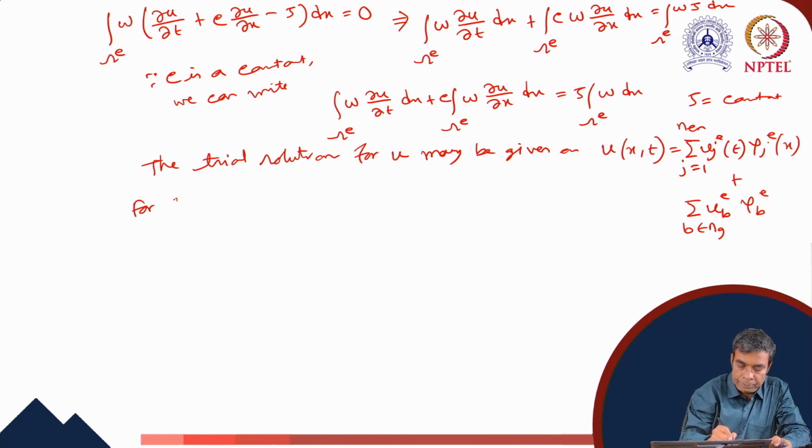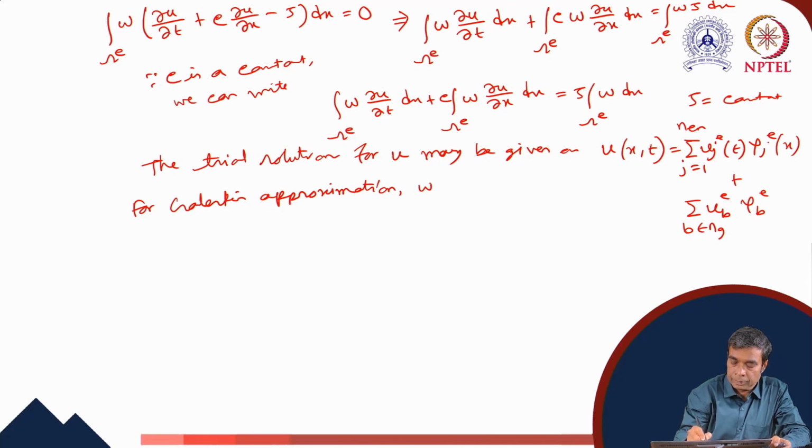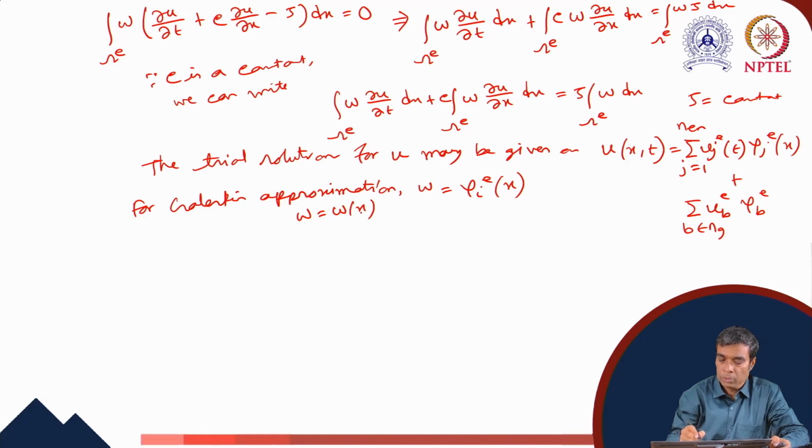For Galerkin approximation, w equals to psi_i^e(x). So w equals to w(x). Now we substitute the Galerkin approximation as well as the trial solution in the above weak form.